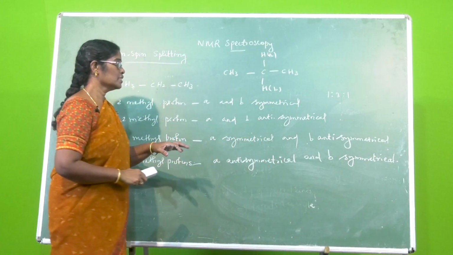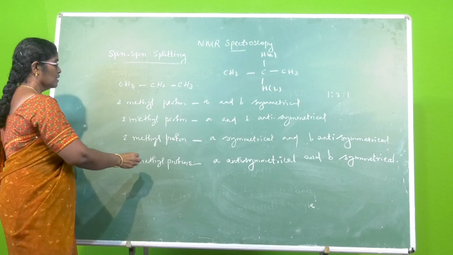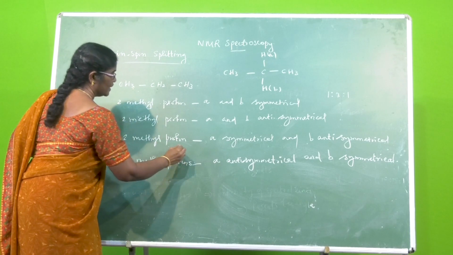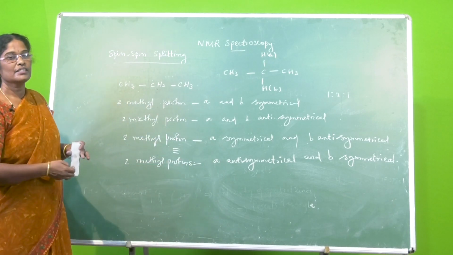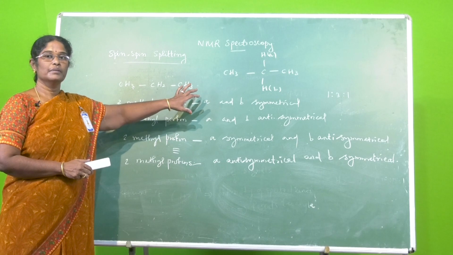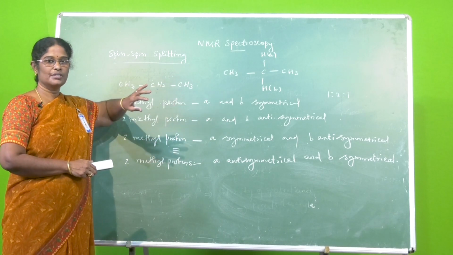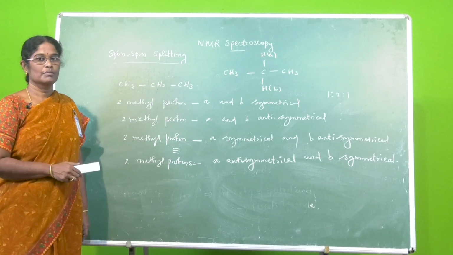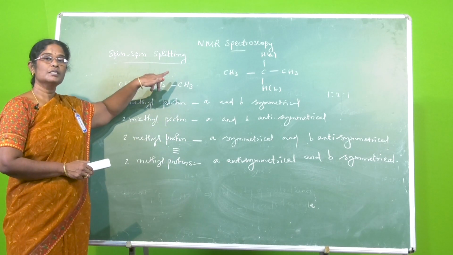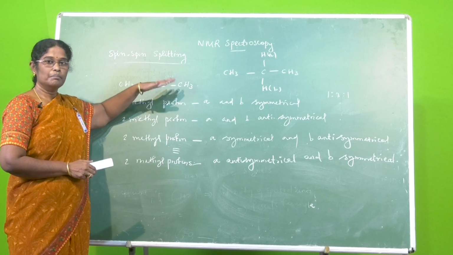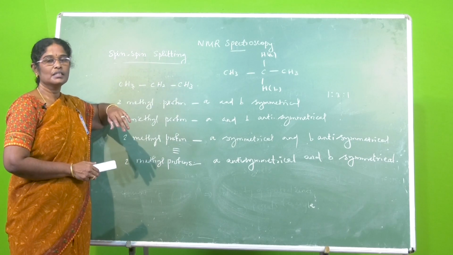So the third case and the fourth case being identical in their energy justifies the intensity of the observed NMR signals in the ratio 1:3:1 for the n-propane system. So we understand the spin-spin parameters such that the impact produced in the NMR signal can be understood.